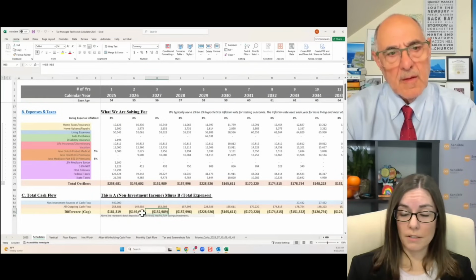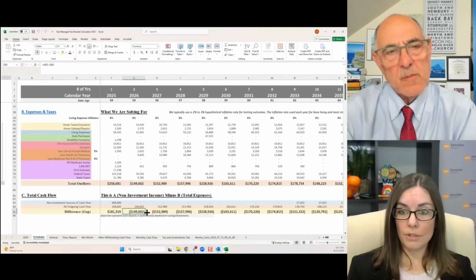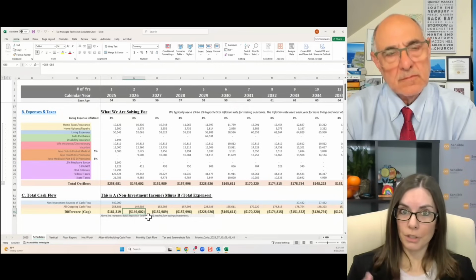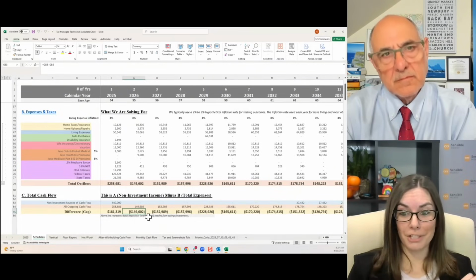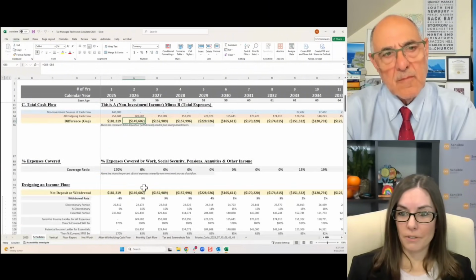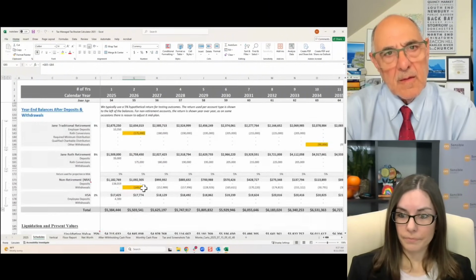Last time we were just over $100,000 a year in withdrawals. Now we're more like $150,000 a year. That increase is due to taxes. So we are going to proactively incur tax liability early on to take advantage of those green years in the tax trajectory. And I will walk you through what that looks like.